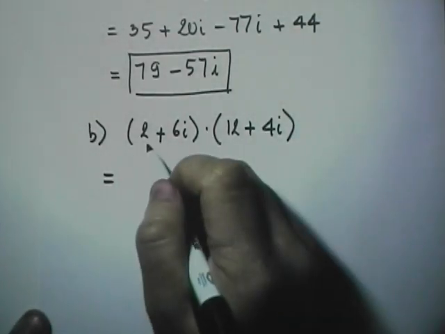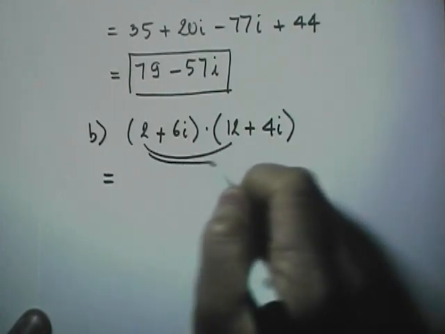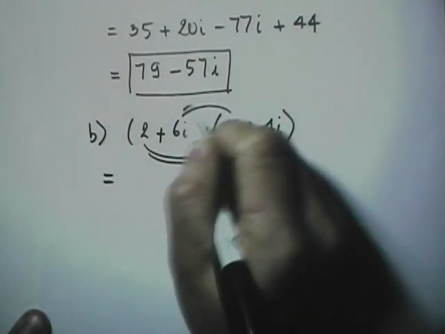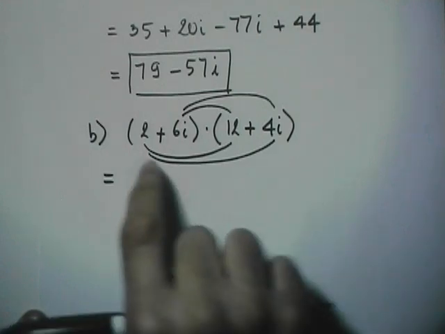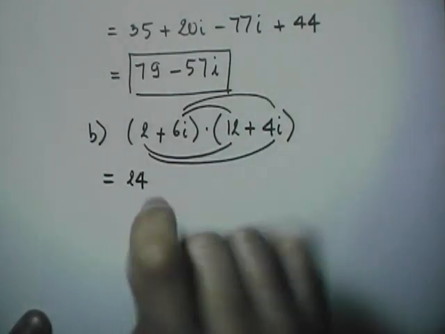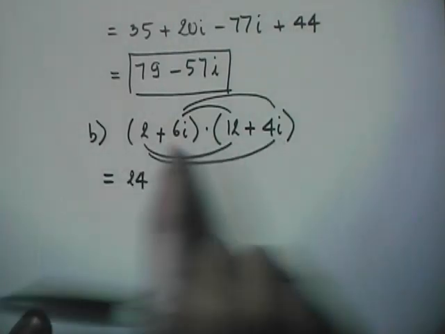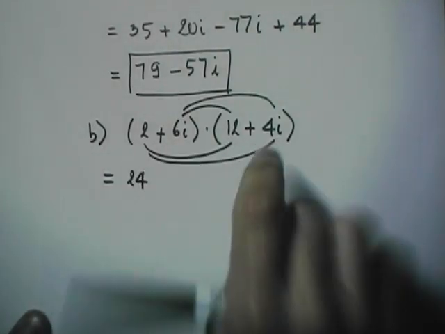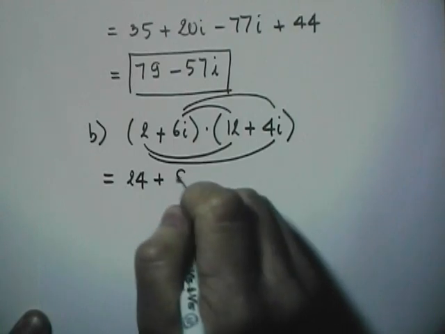First, outside, inside, and last. First terms, 2 times 12 is 24. For the outside terms, positive 2 times positive 4i is plus 8i.